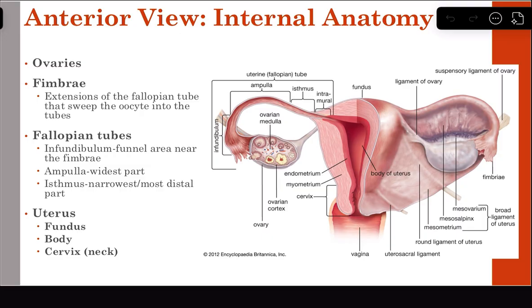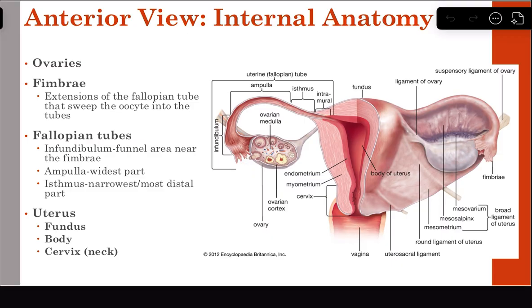So consequently, an ovulated egg, which you can also call a secondary oocyte, an egg cell, is going to enter the pelvic cavity, kind of just floating around.